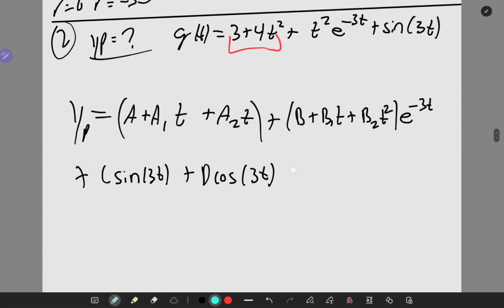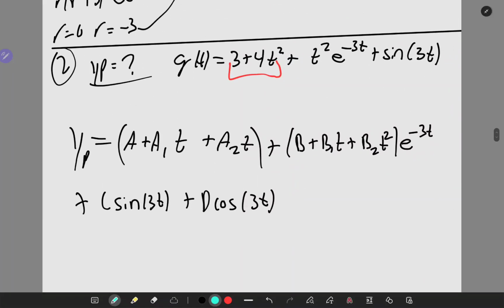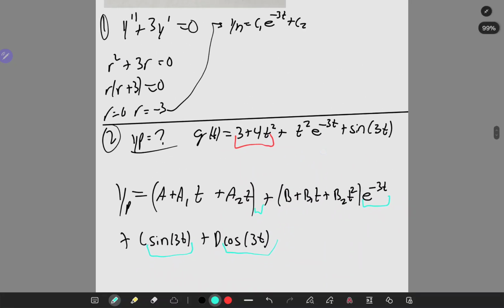Okay, this one. Do any of these terms match any of the ones up here? They do, right? I'm just trying to find my solution for this one.